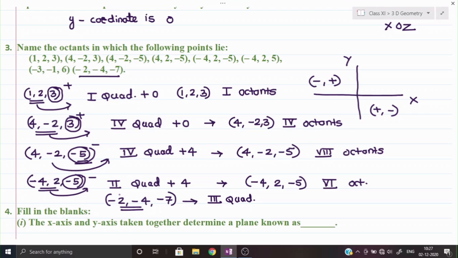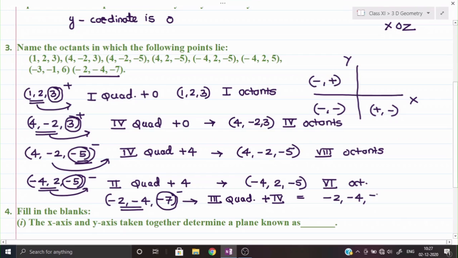They will lie in the third quadrant, because in the third quadrant both are negative. Remember, we are taking the first 2 coordinates only, because it is very difficult to take all 3 and think about the octant. Now since the z coordinate is negative, add 4. So 4 plus 3 is 7, so we can say (-2, -4, -7) will lie in the 7th octant.